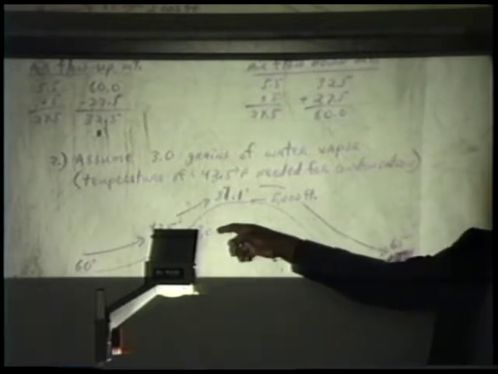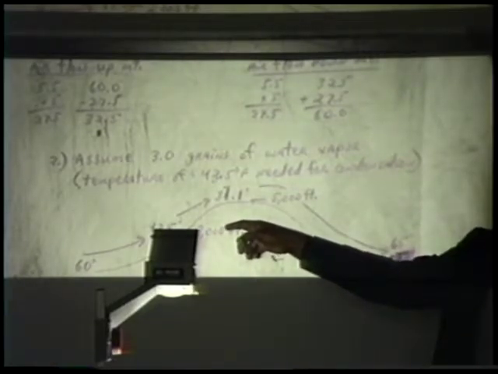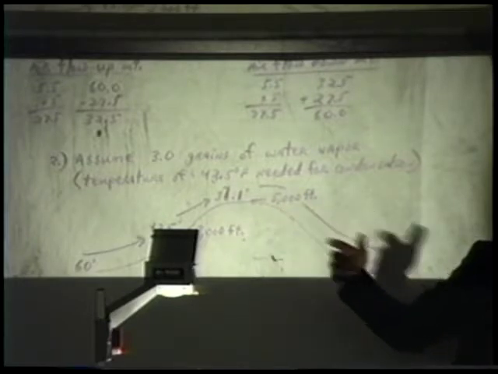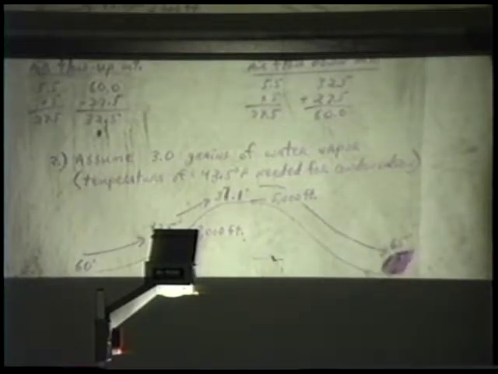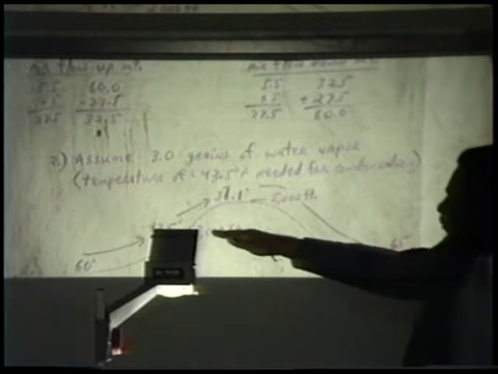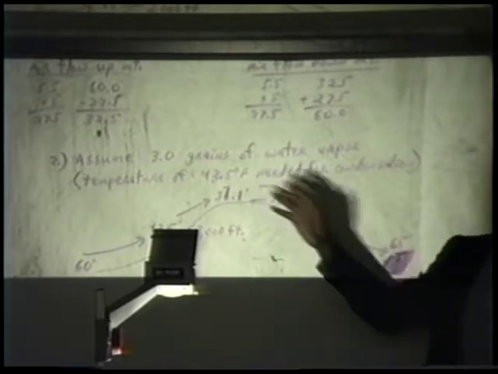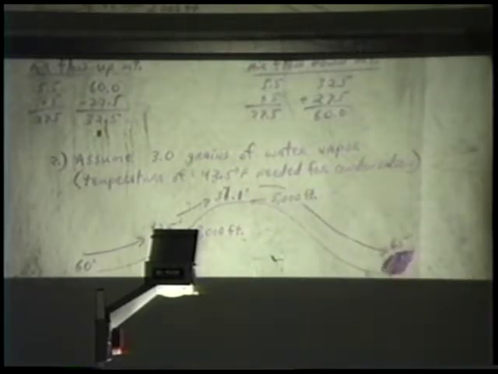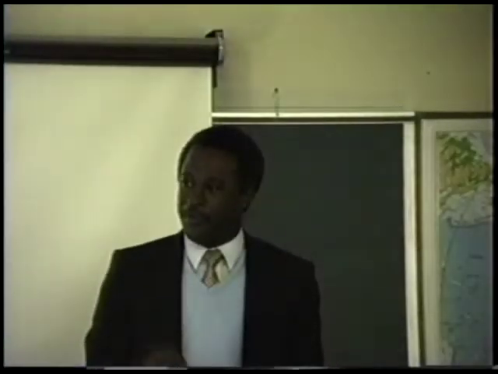At 3,000 feet, you're going to have condensation. You're going to have the water vapor condensing from a gas to a liquid. You're going to have clouds developing. And so you're going to have wet air. And from this point, at this elevation, the air is going to continue to rise because it's still warmer than the surrounding air. But it's going to rise and cool off at the wet adiabatic rate instead of the dry adiabatic rate. Now, the wet adiabatic rate is only 3.2 degrees Fahrenheit.